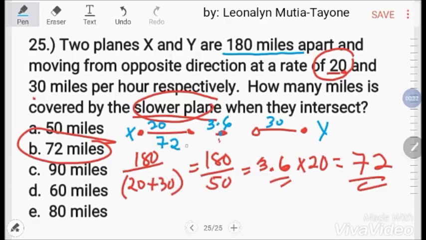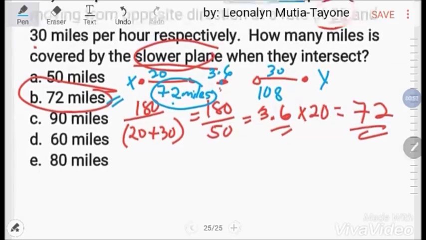Kasi multiply mo lang siya and makatravel na siya ng 72 miles. Ito namang si Y, within 3.6 hours, makatravel na siya ng 108 miles. Kung i-total mo yan, that is 180 miles. So, ang answer dito sa slower na plane is 72 miles.